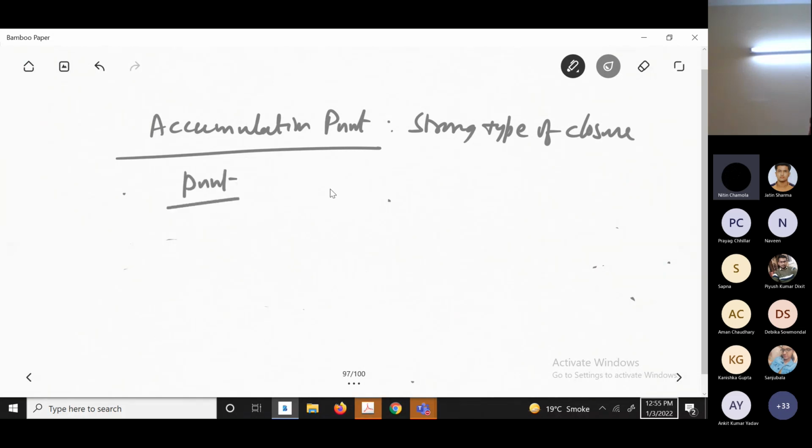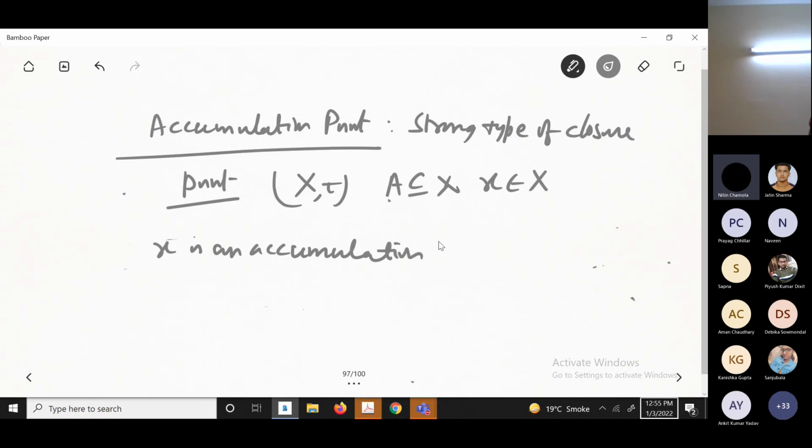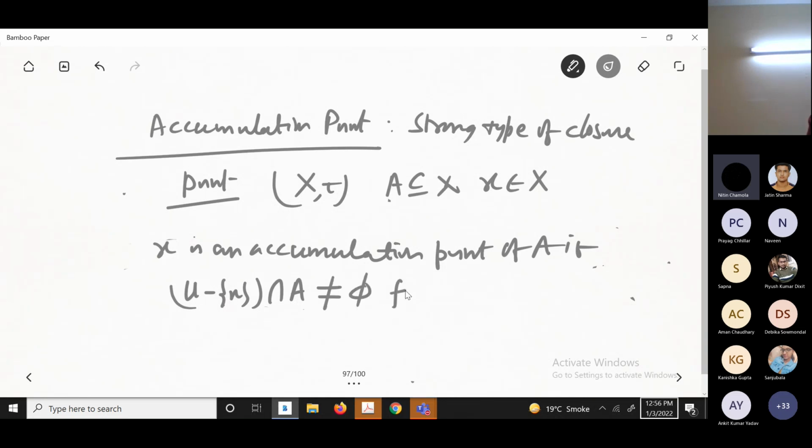Look here, X tau is a topological space, A is a subset of X, X belongs to X. By definition, X is an accumulation point of A if (U minus X) intersection A is not equal to phi for every neighborhood U of X. That means it will intersect in points other than X.